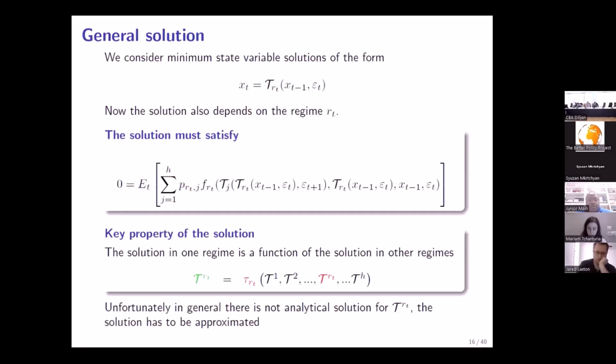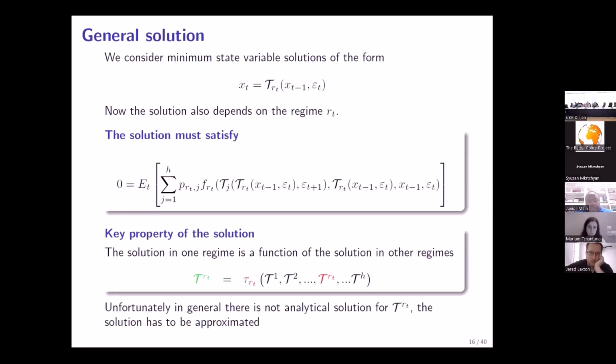So when we solve these models, what we get are regime-specific policy functions, as the top equation there says. But then if that's the solution or a solution of the model, then of course it ought to be the case that if we insert that solution into the generic problem and we take the expectations, we should get 0.